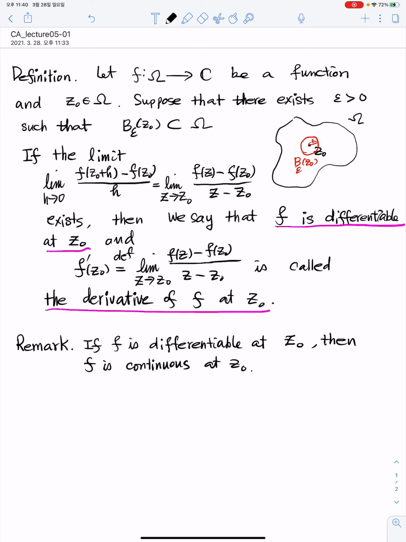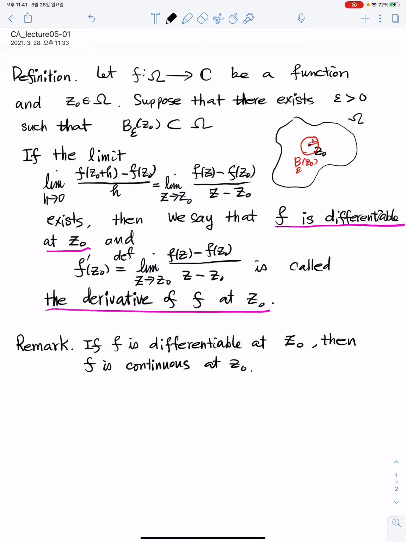In calculus, if f is differentiable, that f is continuous comes directly. Okay, so it's not difficult to prove, but let me mention that. So when you took the calculus, you might prove this fact, but you may forget how to prove. So I will give you proof here.